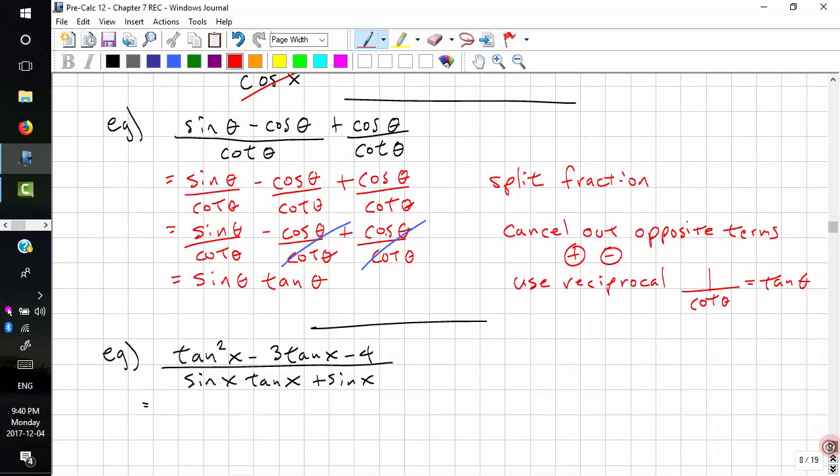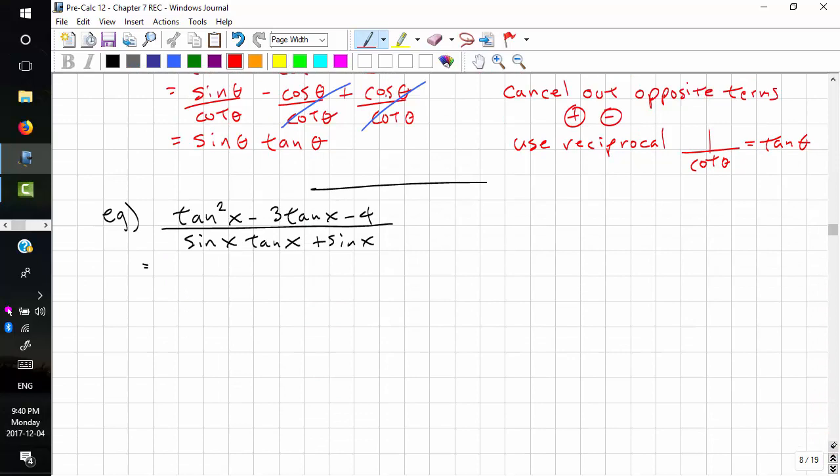Next one. This is very complicated. So we're going to substitute y equals tan x. So we have y squared minus 3y minus 4. That's a lot easier to look at.